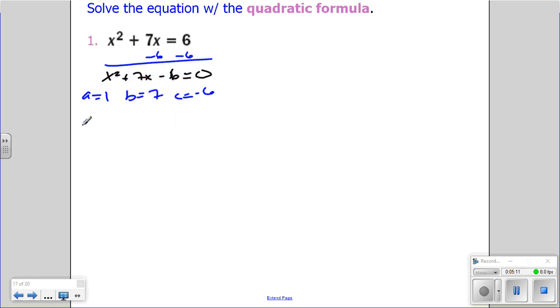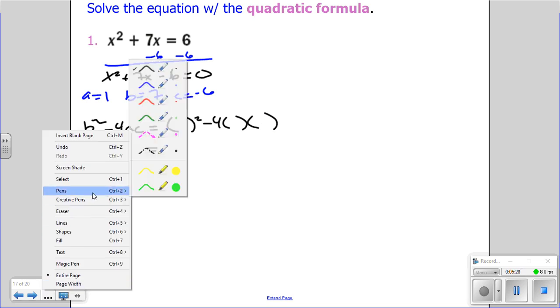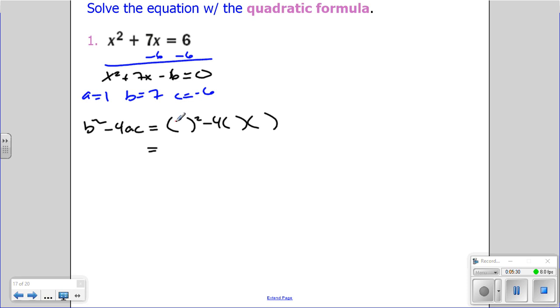So the formula for the discriminant, again, is b squared minus 4ac. So we're going to put everything in its appropriate location into this formula. So b is 7, a is 1, and c is negative 6.